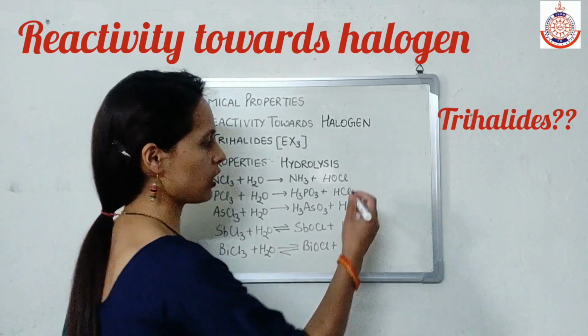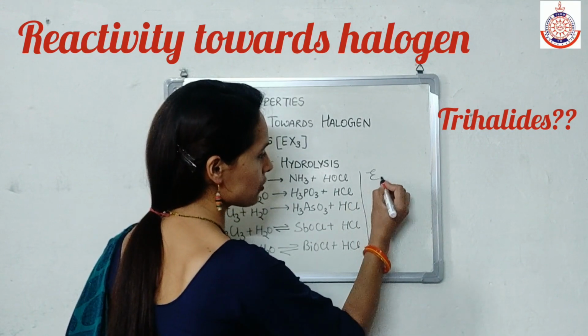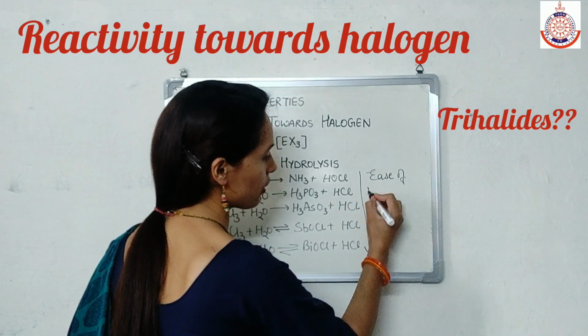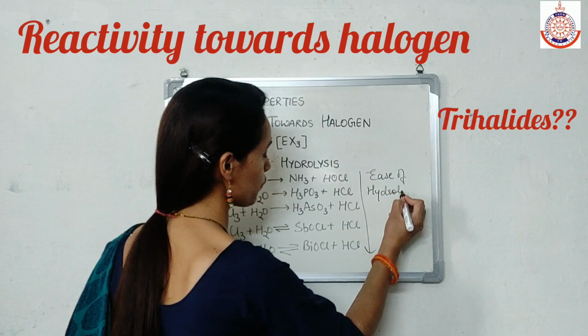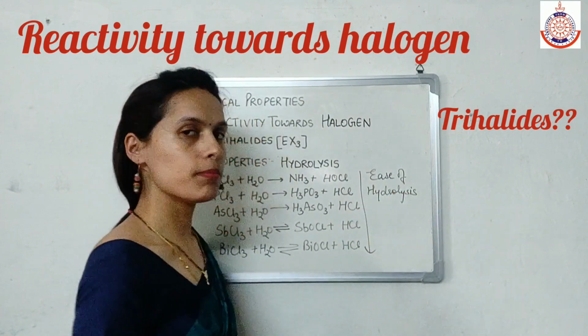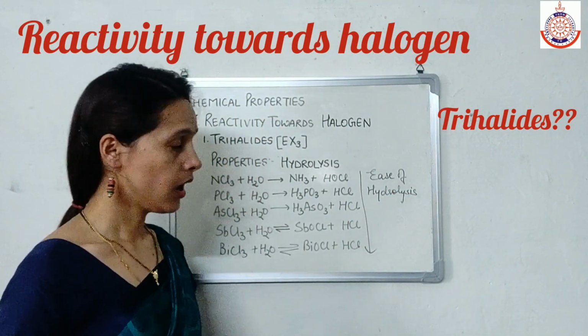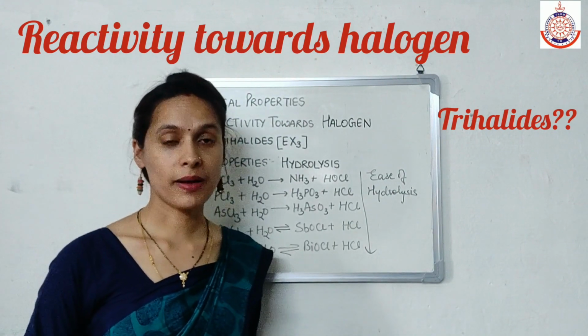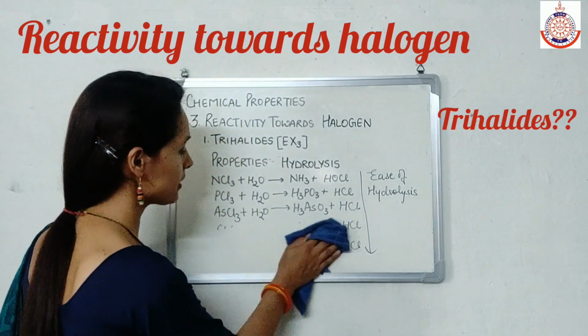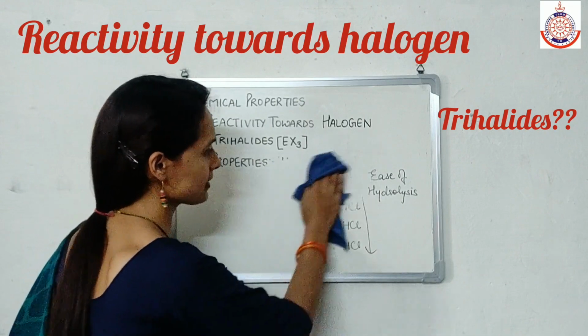So the ease of hydrolysis decreases as we move from nitrogen to bismuth. Clear?